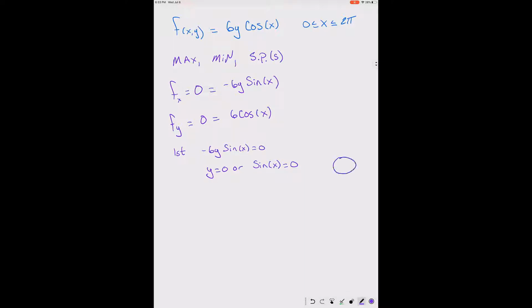If I look at the unit circle, there are two places from 0 to 2 pi where the sine of x is equal to 0, where the output on the unit circle is 0. So x is equal to 0 or x is equal to pi, and also, of course, y is equal to 0.